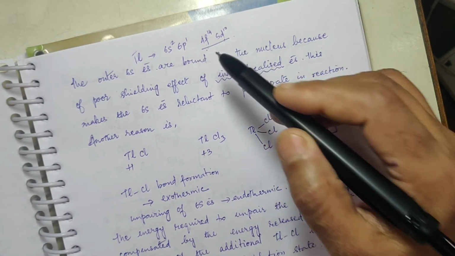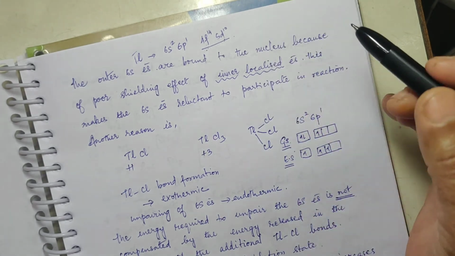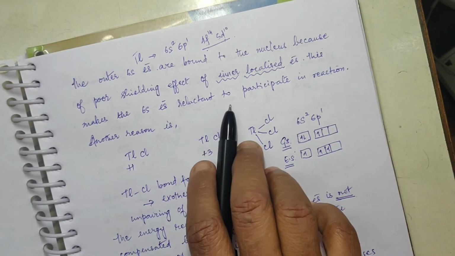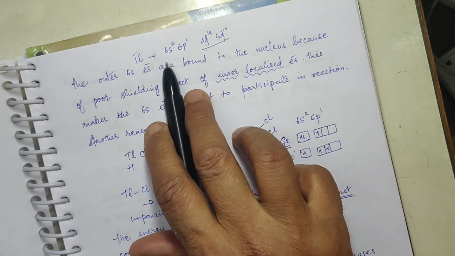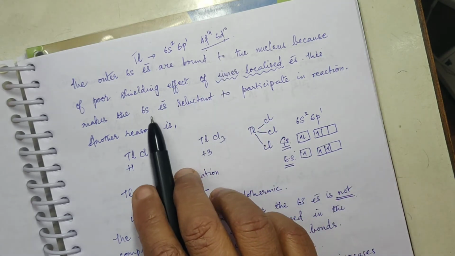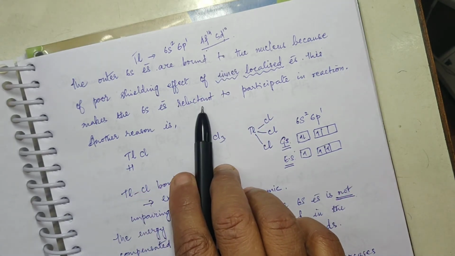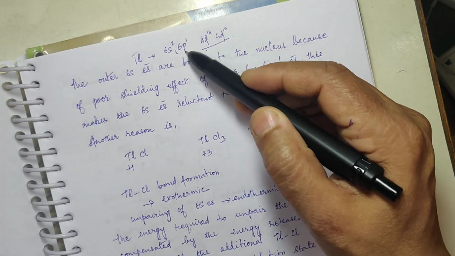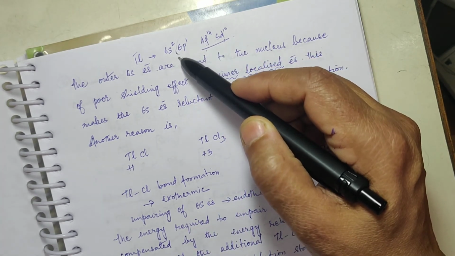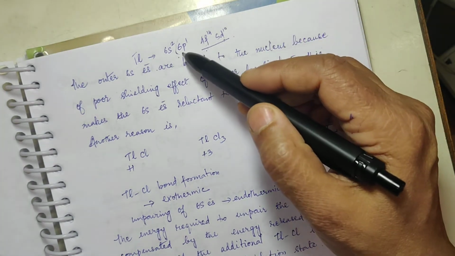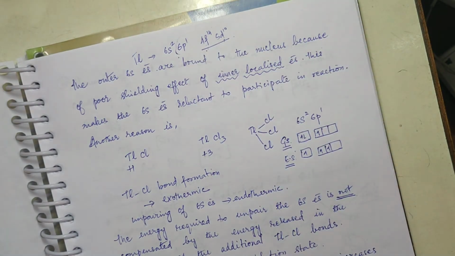That is why they provide poor screening effect. This makes the 6s electrons reluctant to participate. So in such a case, only the p electron will participate in chemical combination. That means Tl will show only +1 oxidation state because only this electron is lost.